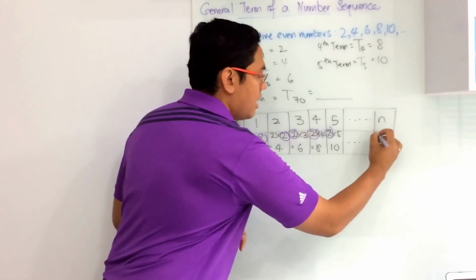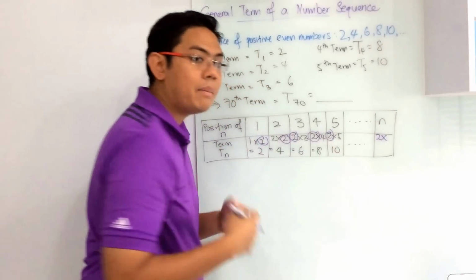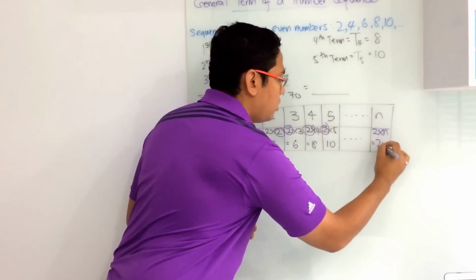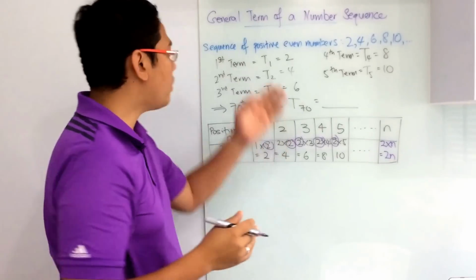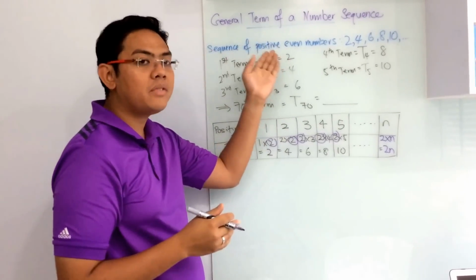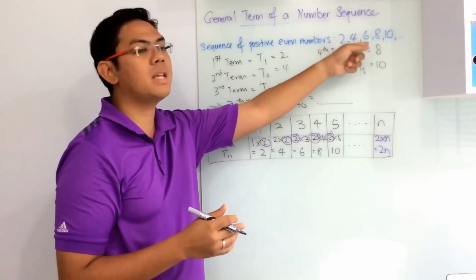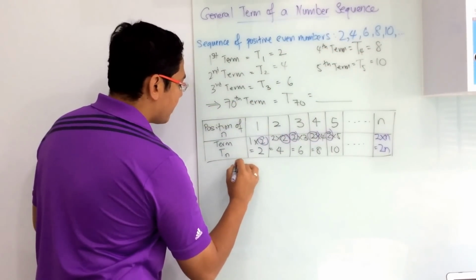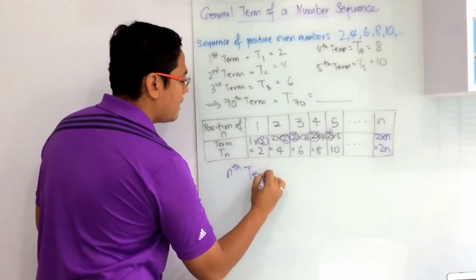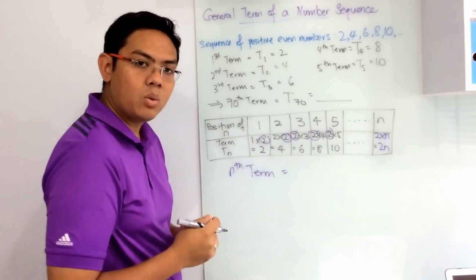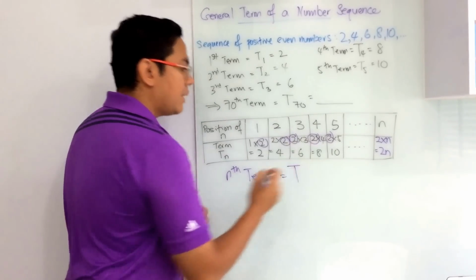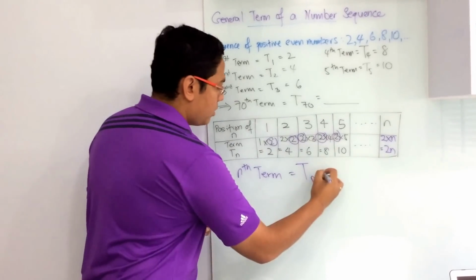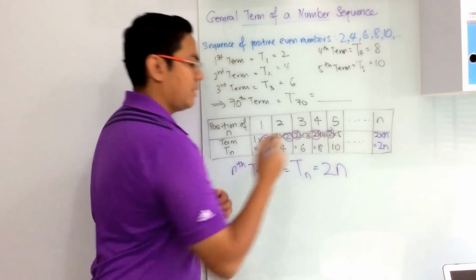It's actually 2 multiplied by n, which gives you 2n. So for this sequence of positive even numbers, 2, 4, 6, 8, 10, the general term, or the nth term, Tn, is equal to 2n.